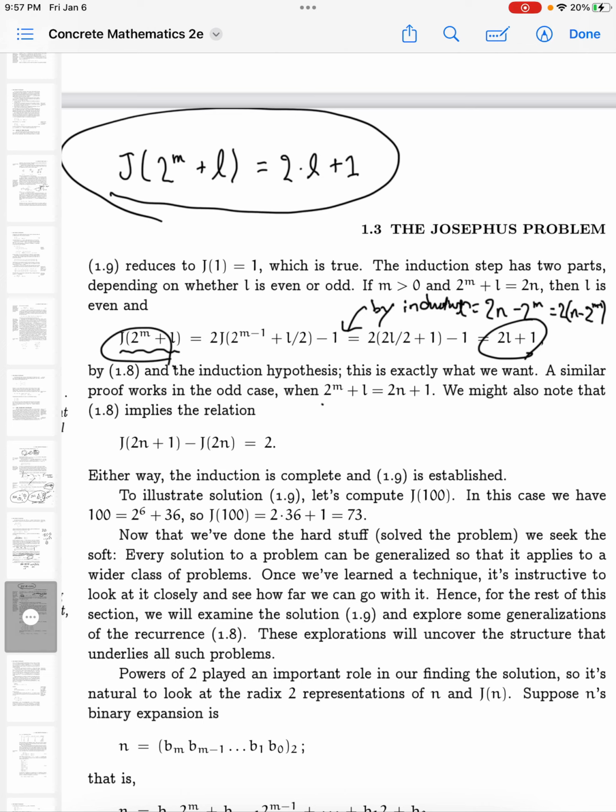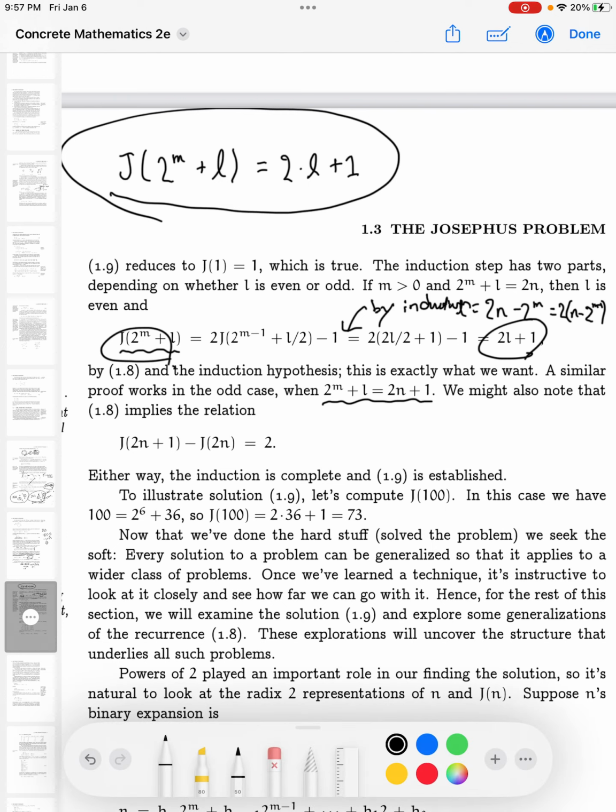We can go on to get the odd solution, but for the sake of reading this textbook, it's not super important. We can dive into how it's derived in the next video, and there will also be interesting concepts we can explore. Not super hard because we already dealt with the even number case.